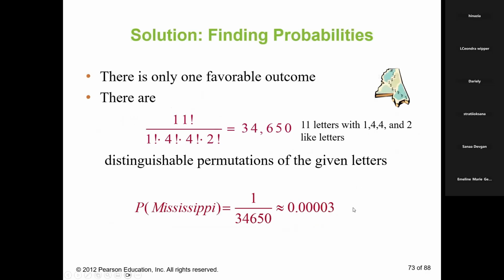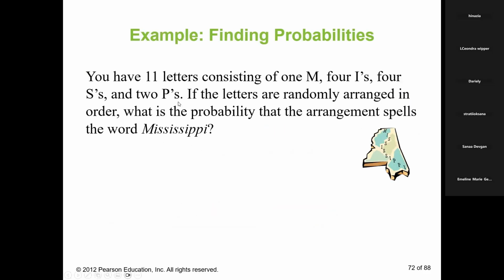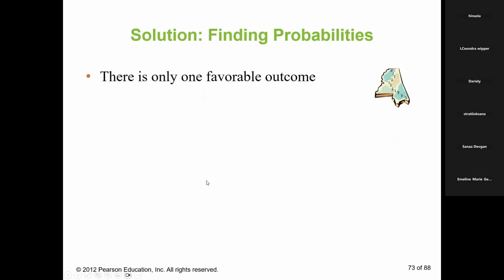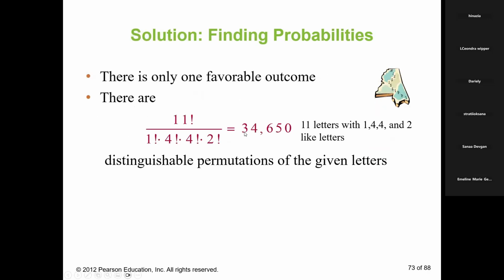Suppose you have 11 letters consisting of 1 M, 4 I's, 4 S's, and 2 P's. If the letters are randomly arranged in order, what is the probability that the arrangement spells the word Mississippi? There is only one favorable arrangement, so it's 1 over 11 factorial divided by (1 factorial times 4 factorial times 4 factorial times 2 factorial). Same thing.